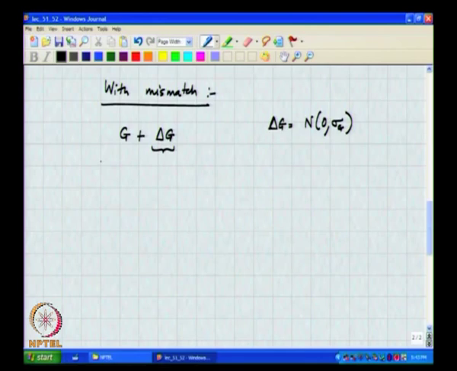Now, let us try and understand the performance of the binary decoded DAC with mismatch. So if an element G has an error which is normal with 0 mean and has a standard deviation of sigma G, can you comment on the error in the 2G element?